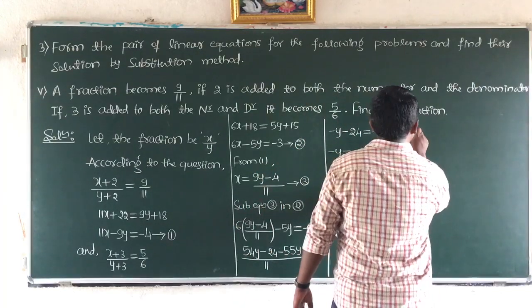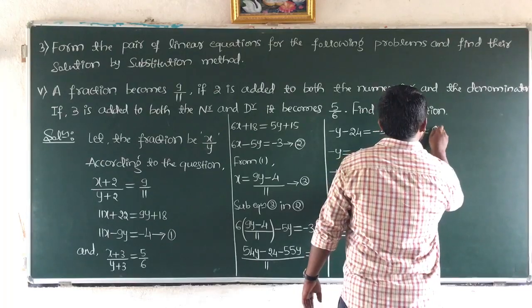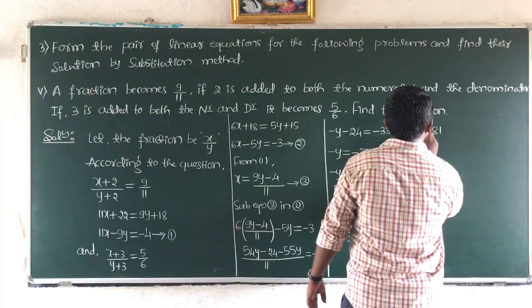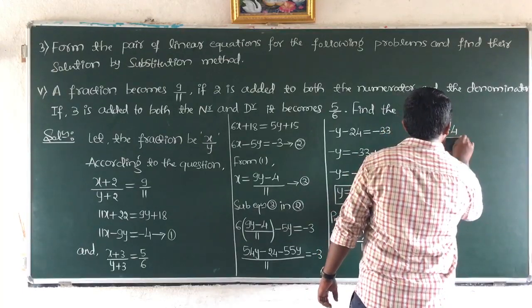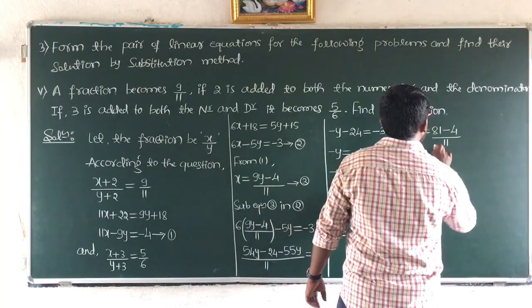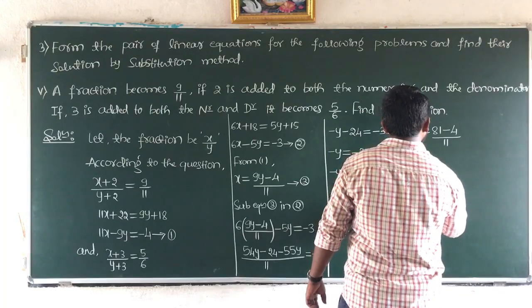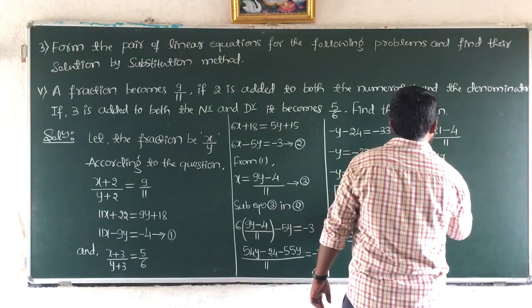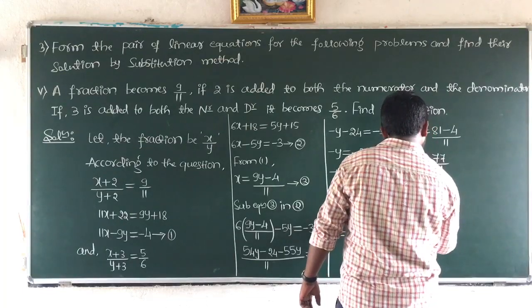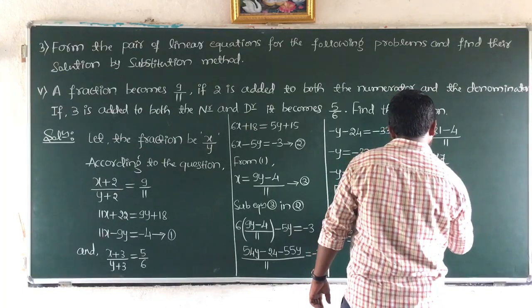So x is equal to 81 minus 4 divided by 11, then x is equal to 81 minus 4 will be 77 divided by 11. x is equal to 7.